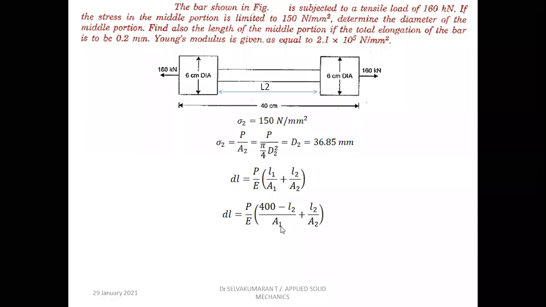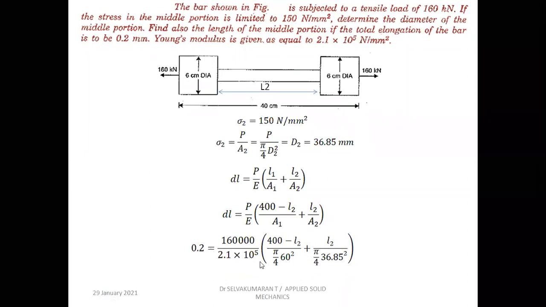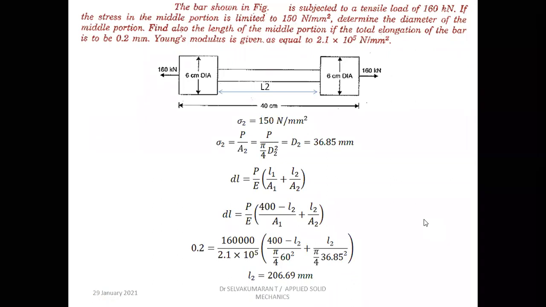A1 is nothing but pi by 4, 60 square. Just substitute the value of P, delta L and Young's modulus, and substitute D2 here. If you simplify this, you'll get L2 to be 206.69 millimeter.